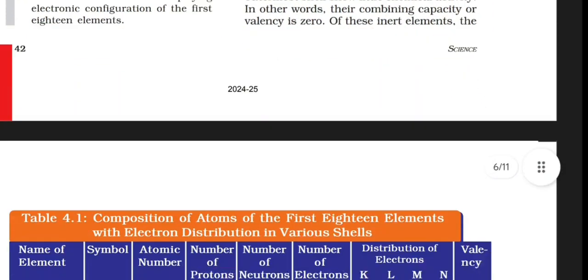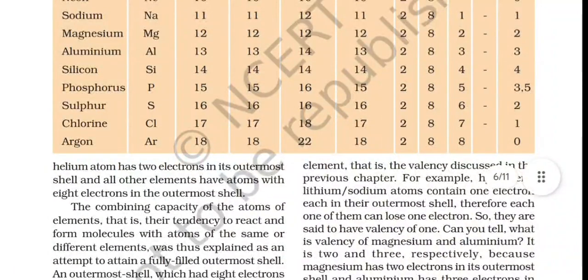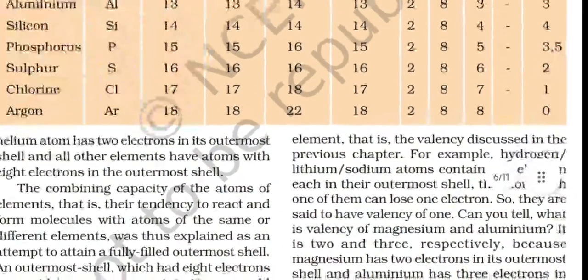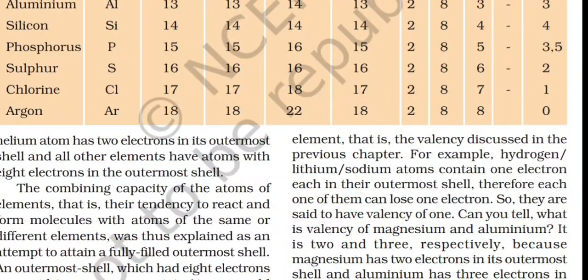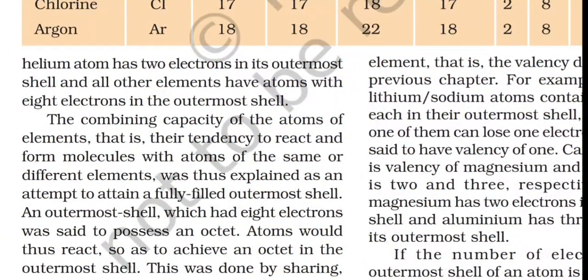If 8 electrons are present in the outermost shell of an atom, we can say that the valency is 0. Now, the combining capacity of an atom of an element, that is, their tendency to react and form molecules with atoms of the same or different elements, was thus explained as an attempt to attain a fully filled outermost shell.